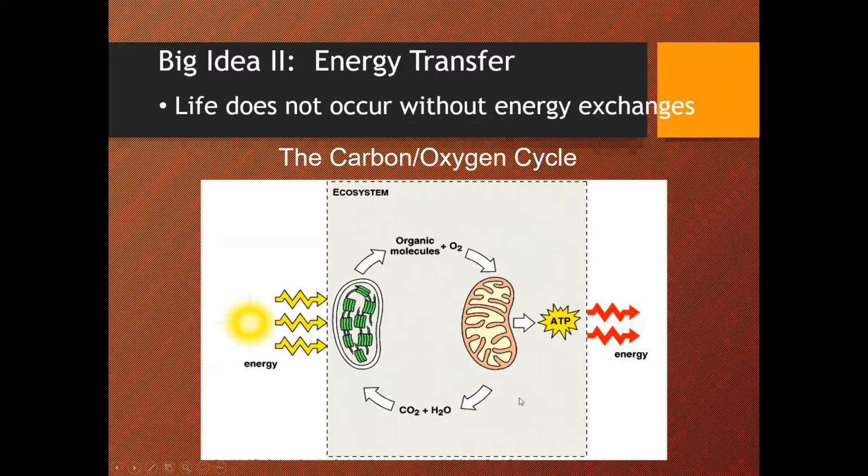And then they have to see that the waste products, carbon dioxide and water, recycle back. But what they also need to know is while raw materials can cycle and recycle, energy cannot, because at the end of the day, all the energy that we use or that is stored is going to be dissipated as heat. So that is an important point students need to be able to grasp as well.